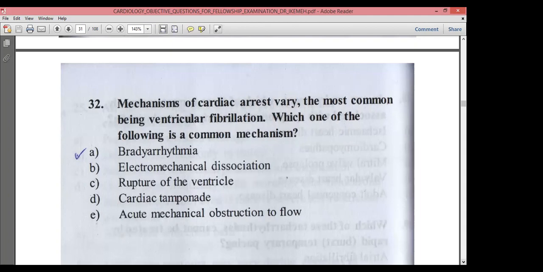Because he has put the most common to be ventricular fibrillation, in terms of the other abnormalities, pulseless electrical activity comes before bradyarrhythmias. But bradyarrhythmia is among the least.